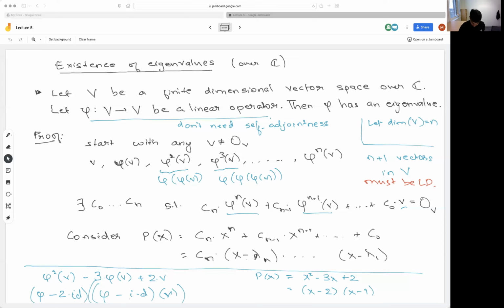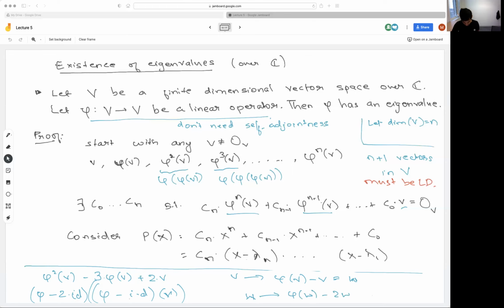So what does it mean that I consider phi minus the identity operator? Well, I start with v and map v to phi of v minus v. And then I call this, let's say, w. And then I map w to phi of w minus 2w.